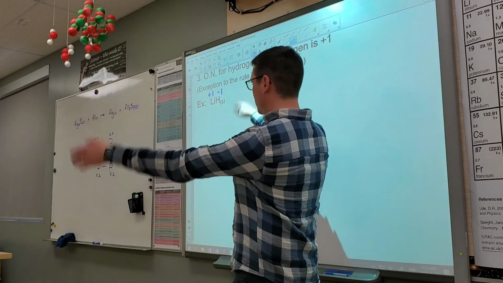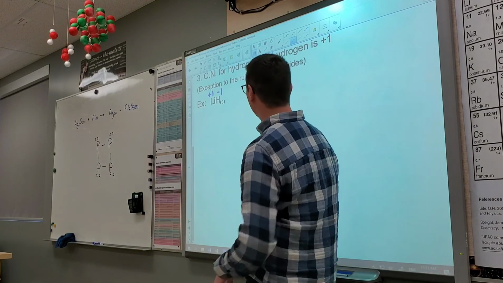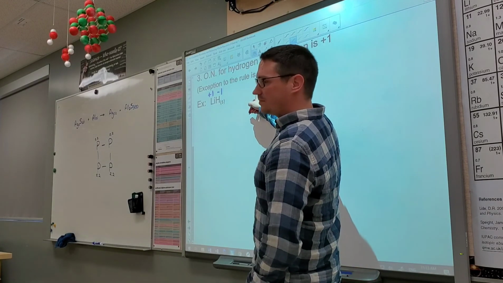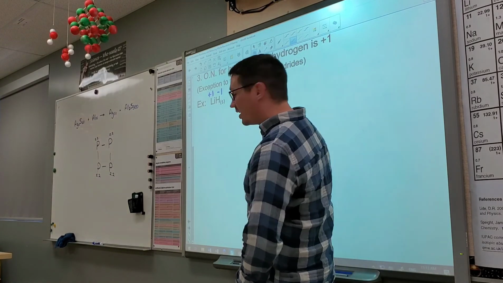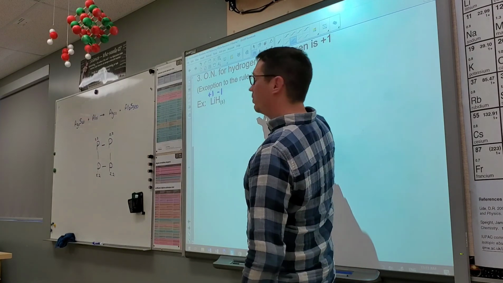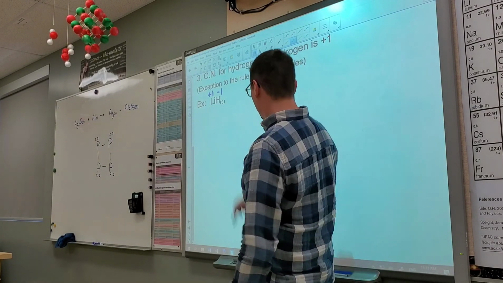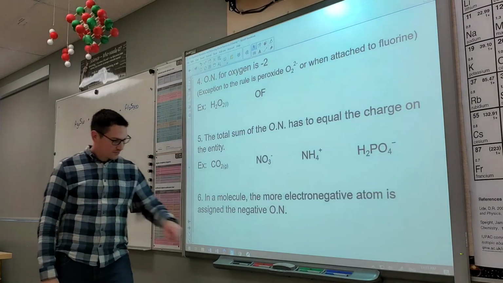So tuck that in your back pocket if you need to, but that's not something you should focus on. This hydrogen, it's bonded to something more electronegative, so +1. And we'll just assume most of them are +1. So if this hydrogen is +1, what's that chlorine? -1. Boom. Nice. Zooming along here.